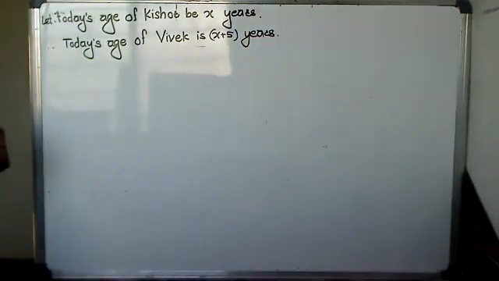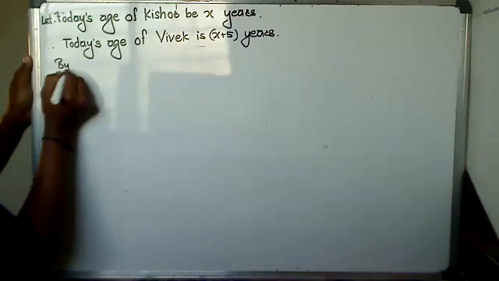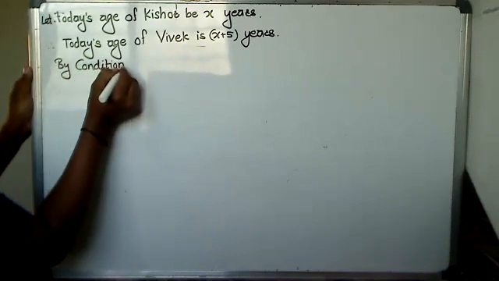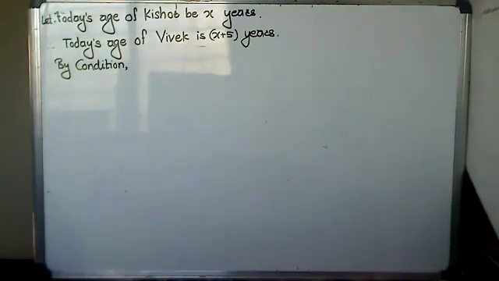Okay. So by this condition, the sum of the reciprocals of their ages is 1 upon 6.